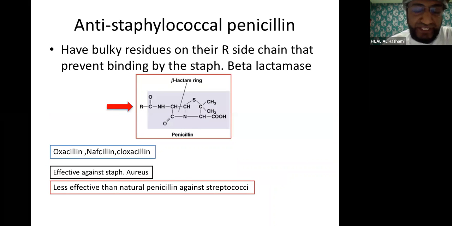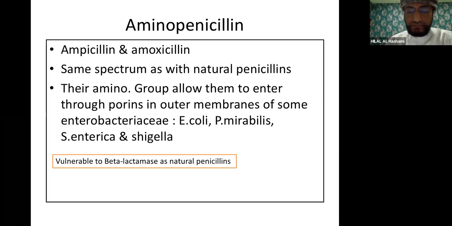They are resistant to the penicillinase because they have bulky residues on their R chain that prevent binding by the staph beta-lactamase, so they can be used as anti-staph. They are less effective than natural penicillin against the streptococcus, and this is the point that we mentioned earlier.